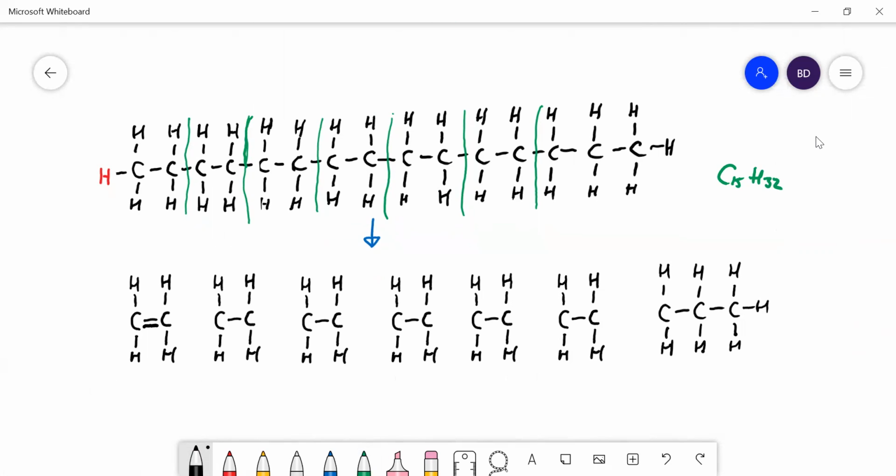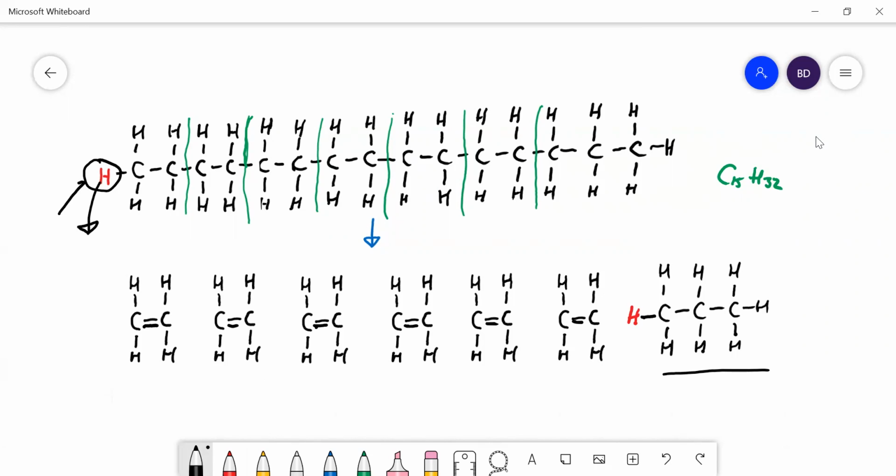Now that means that doesn't need any hydrogen sticking on. Now don't forget that red hydrogen has dropped off. That's going to have a double bond there, double bond there, double bond there, double bond there, double bond there. All of those carbons are forming the right number of bonds. Now this last one here, well, the red hydrogen from over here, that is going to stick on the end there.